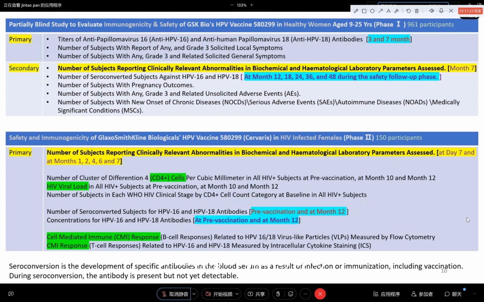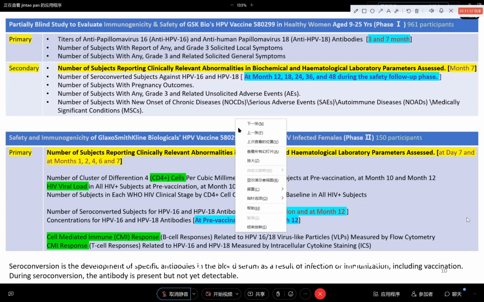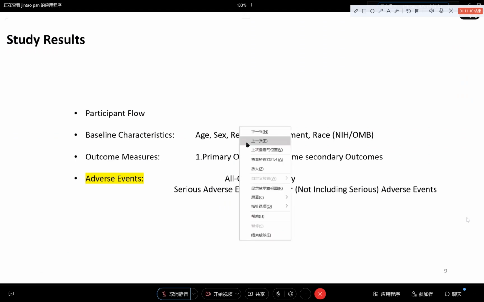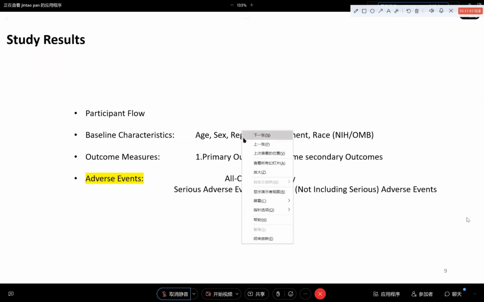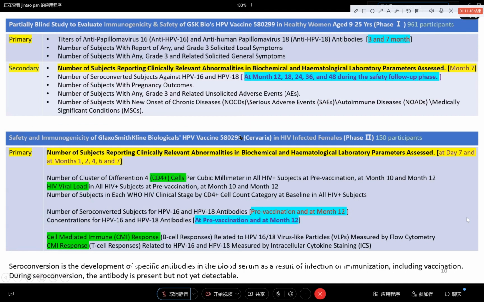of finding efficacy. Okay, so if you look at the primary results here, it's written as titers of anti-papilloma virus 16 and anti-papilloma virus 18 antibodies. Number of subjects with report of any or grade 3 solicited... Go back to the previous data.